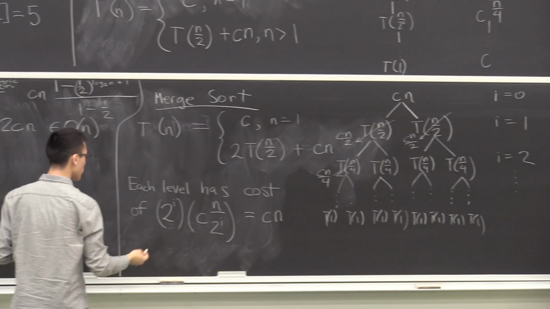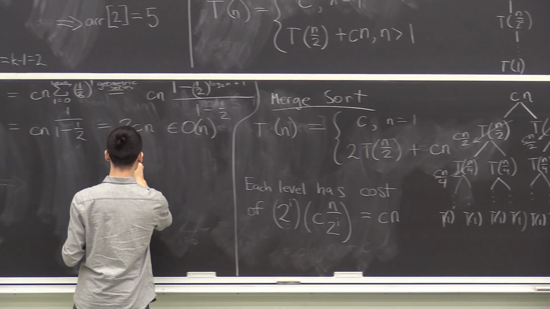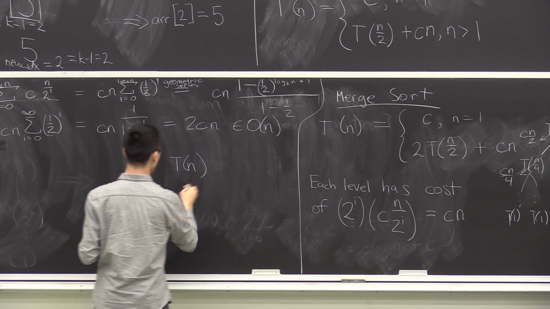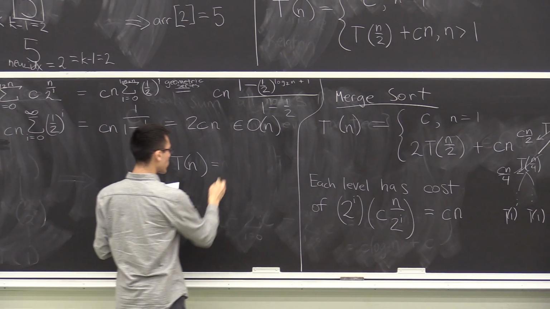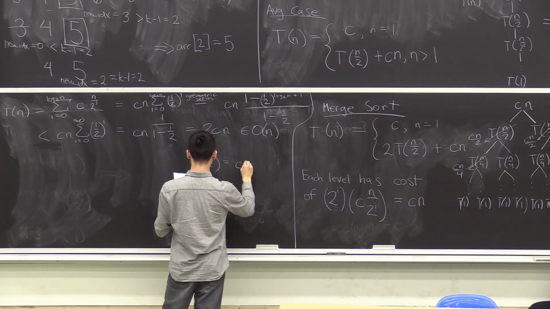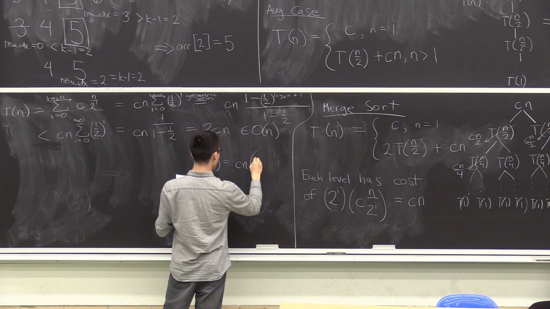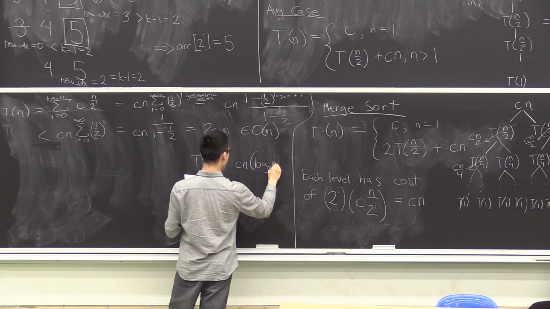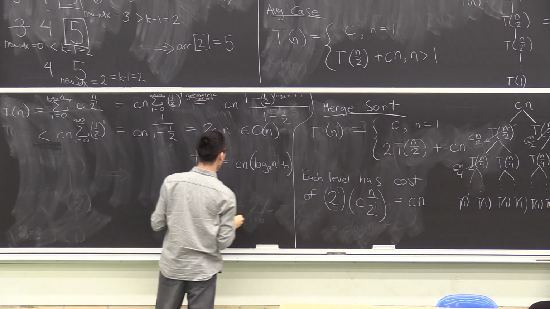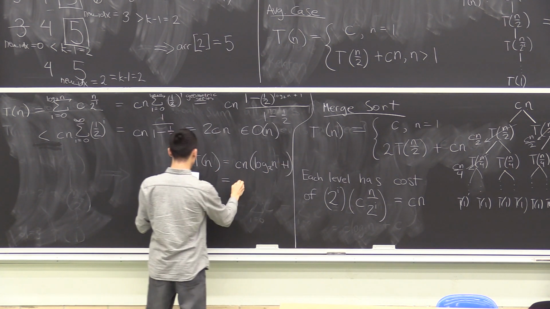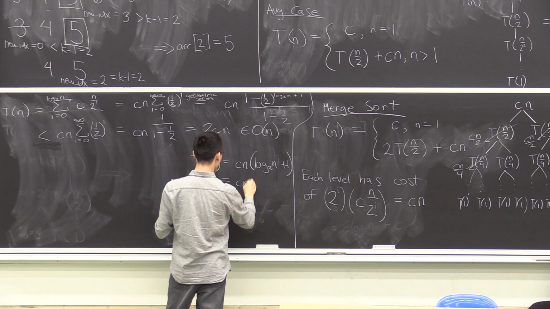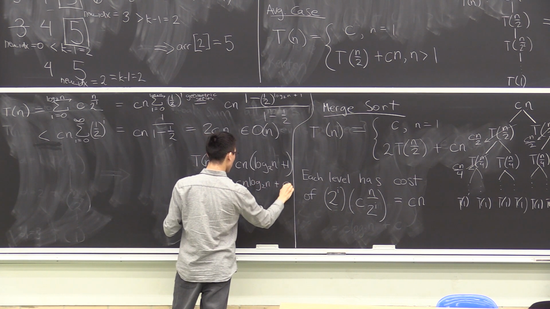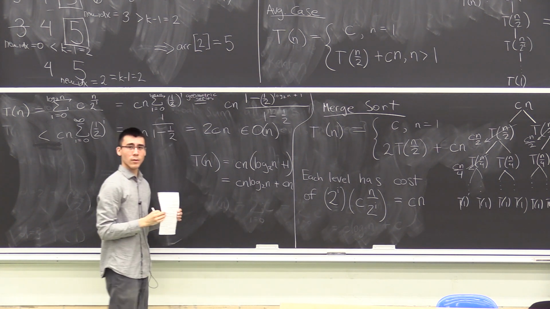So that means that our total T of n is just going to be Cn times log base 2 of n plus 1, which is equal to Cn log n plus Cn. Okay?